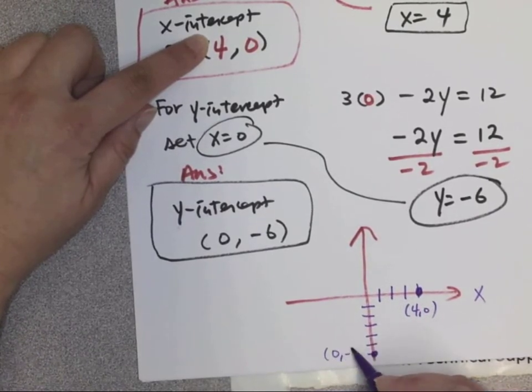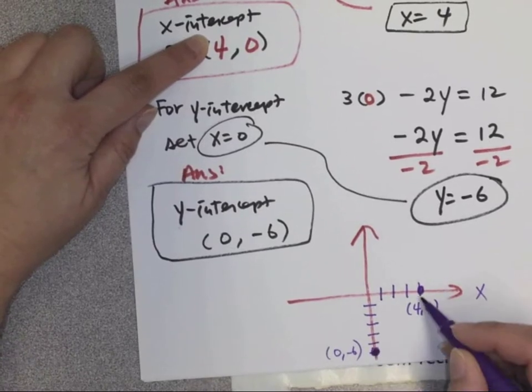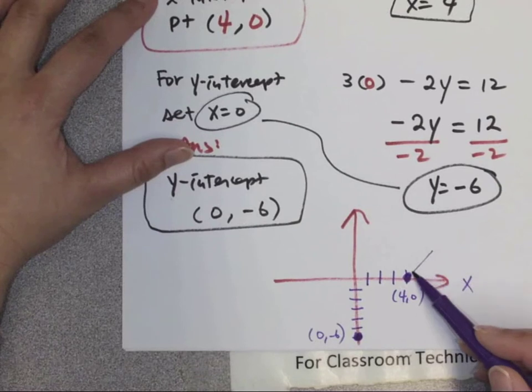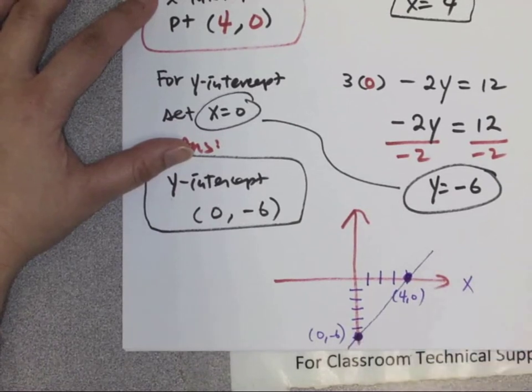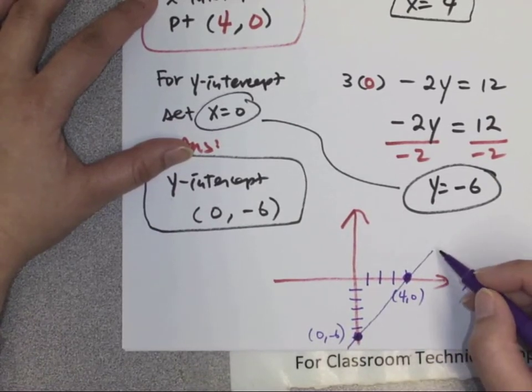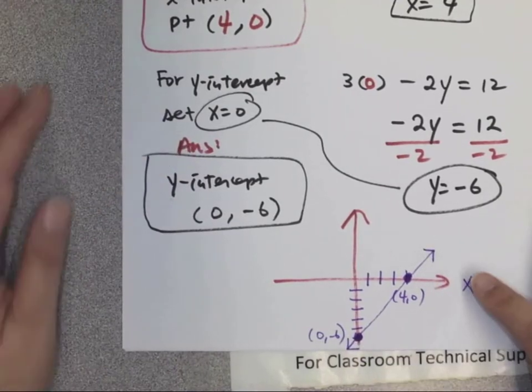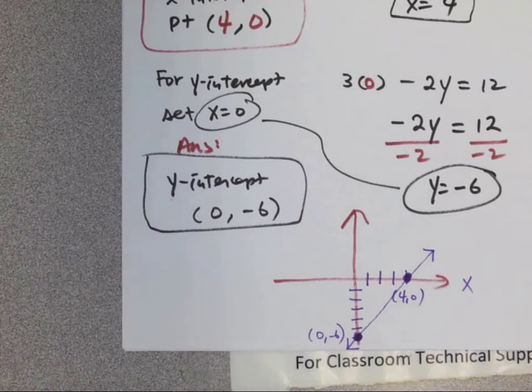So (0, -6). Once I have those 2 points, what do I do? Connect the dots. And does this line go on forever? Yeah, so I should add arrows at both ends. Are we okay? It's kind of a lot of steps. Okay, any questions for this one?